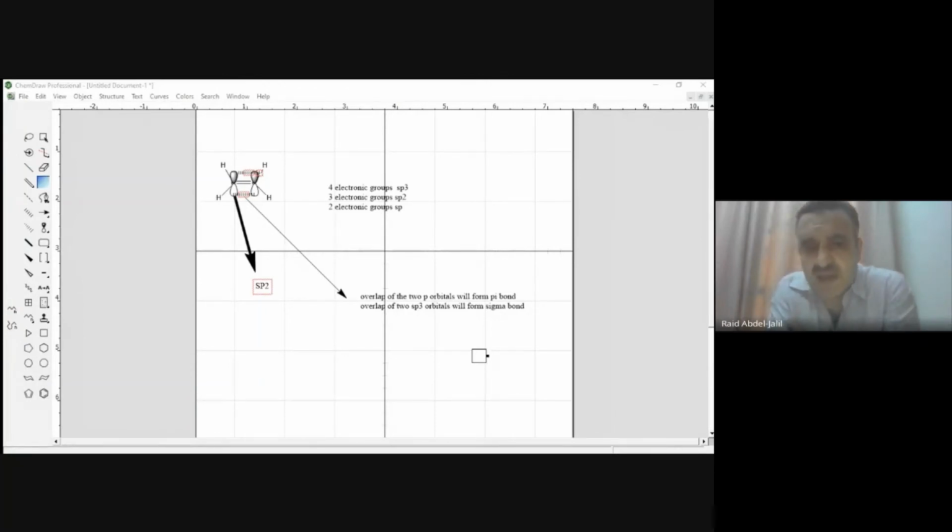The sigma is the overlap between sp3 with sp3. Sigma is the overlap of sp3 with sp3.